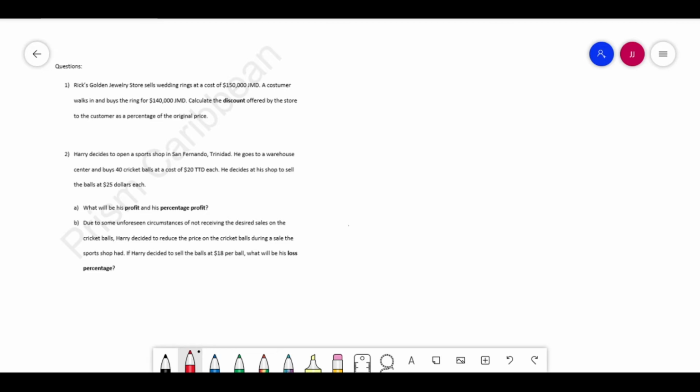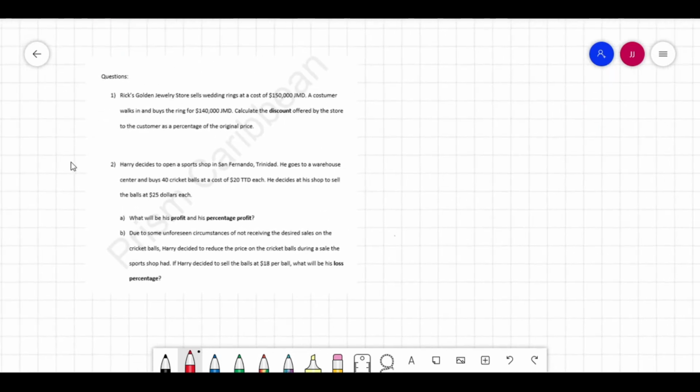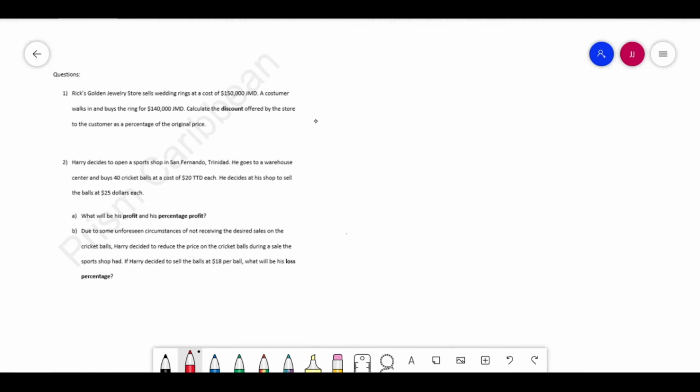So we know the original price is $150,000, meaning the price of the wedding ring before it was put on some form of sale or discount.